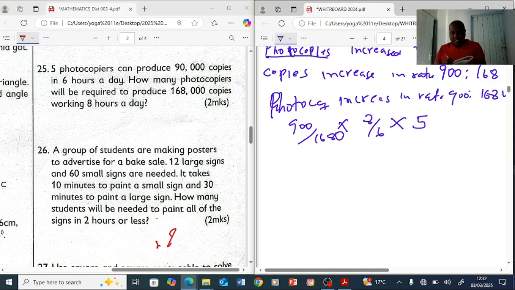That is 6 over 8. I think that's where the problem is. I am confused now.